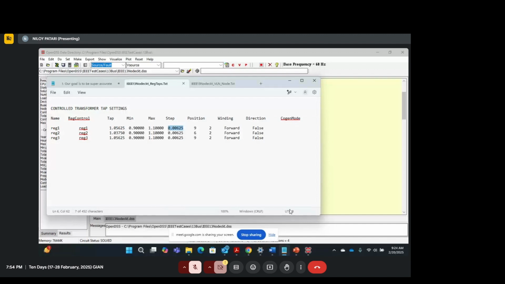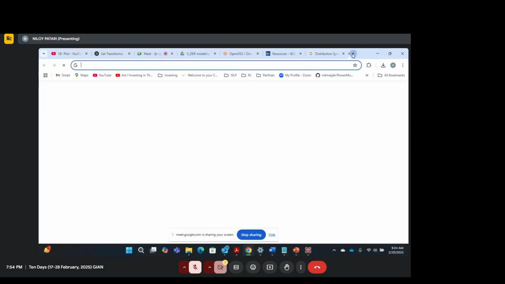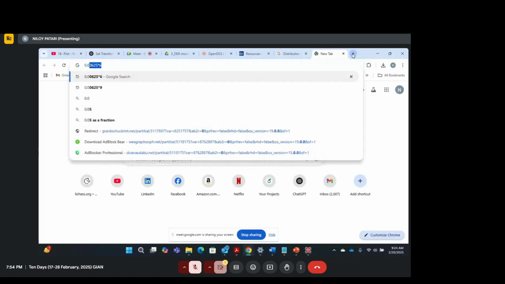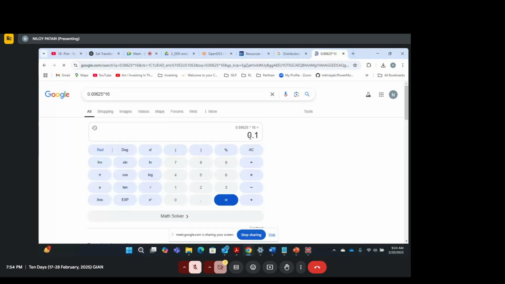Let me show that in a calculator. So you have 0.00625 multiplied by 16, then it becomes 0.1. So this is how voltage regulators are designed. You have 16 taps which can go up and 16 taps which can go down. So you have these 32 taps, and they help you to boost up and boost down.